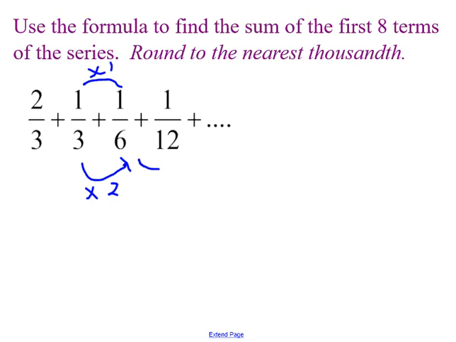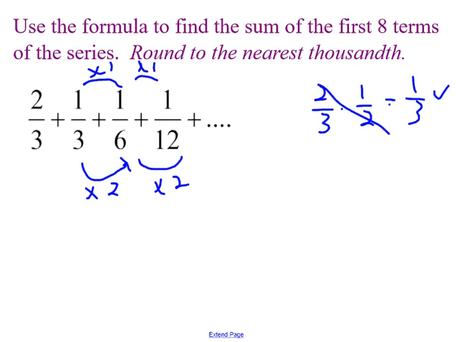And then from here to here, my bottom got multiplied by 2, and my top did not change, multiplied by 1. Would that have worked going backwards? If I take 2/3 and multiply by 1/2, I get 1/3, and that checks. So I think that tells me that my ratio is 1/2. Multiply the top by 1, multiply the bottom by 2.